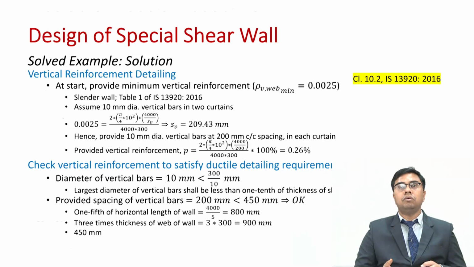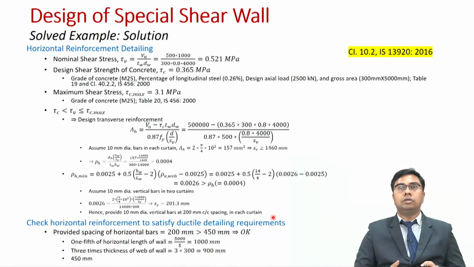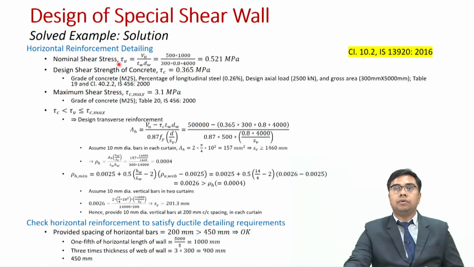Now we will go to design or detail the horizontal reinforcement. At this point, we have learnt it from the column, so it will be much easier. The nominal shear stress will be calculated by dividing the factored or the design shear force by the shear area. What is shear area? It is the thickness of wall multiplied by effective depth of the wall.